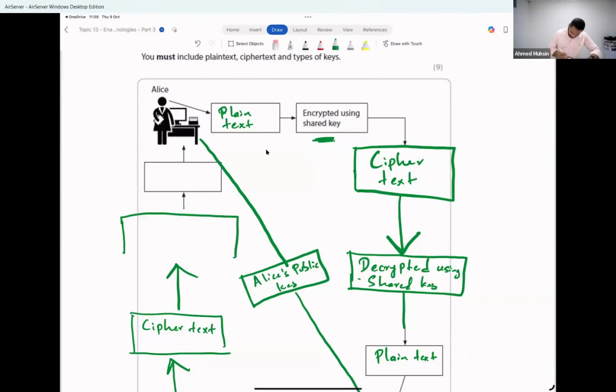Decrypted using Alice's private key. And then she receives plain text.